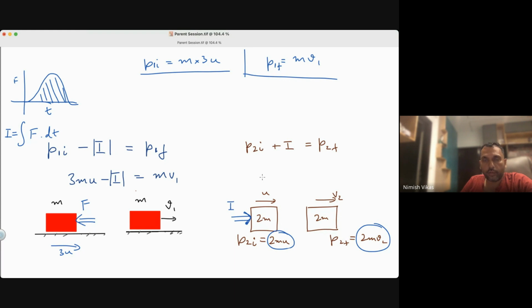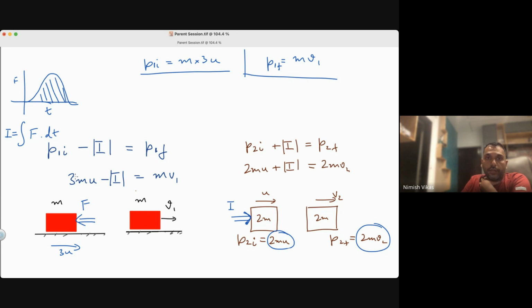In terms of the velocity given over here for this specific case, it is 2mu plus I, where I is the absolute value, which is plus only, so it doesn't matter much over here. It became 2mv2, right?